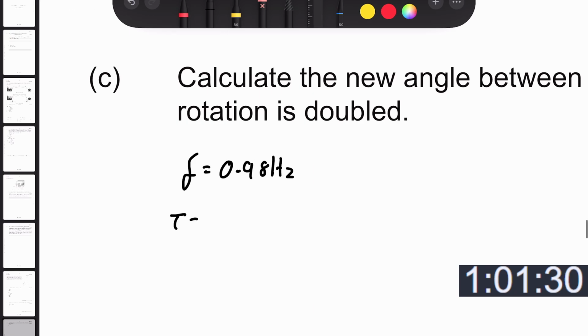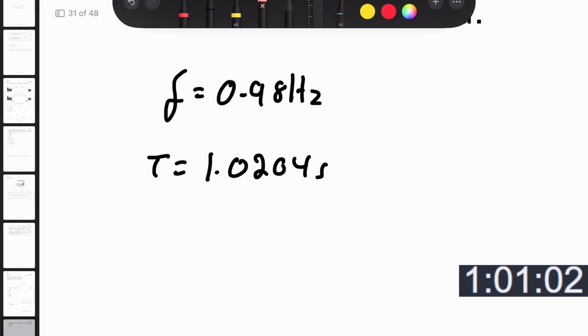So then time is going to equal one divided by 0.98, which is 1.204 seconds.